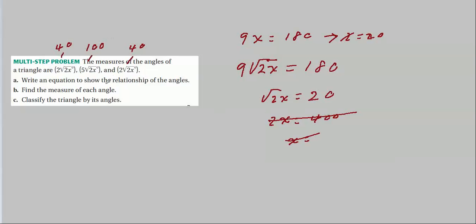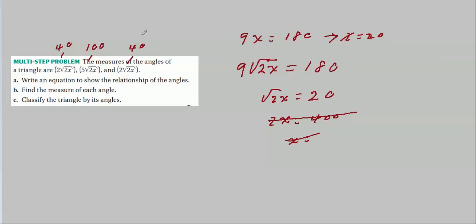Find the measure of each angle. Yeah, we just did that. Classify the triangle by its sides. I read that wrong. Classify the triangle by its angles. That makes more sense since everything we found was angles and not sides. So, classifying the triangle by its angles. Well, 2 angles are the same.